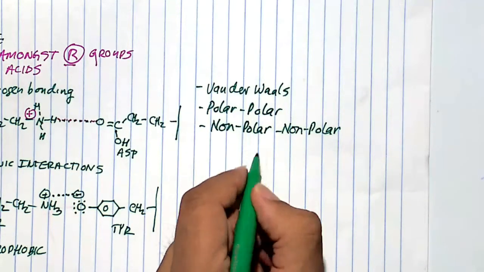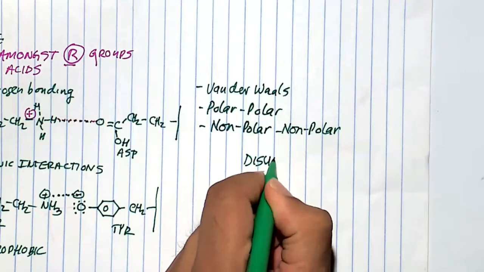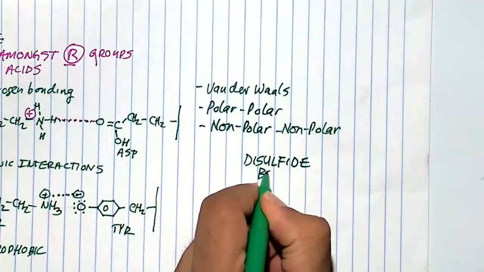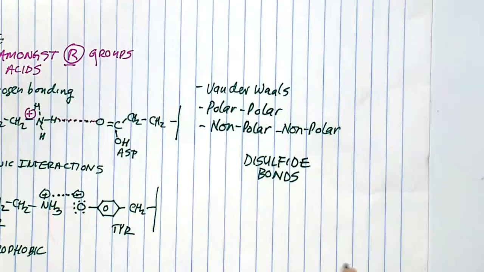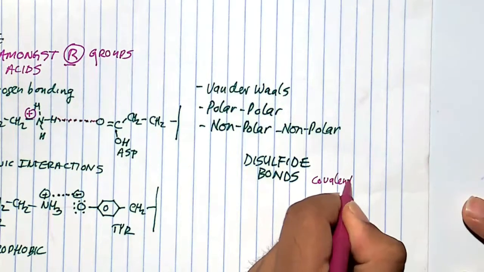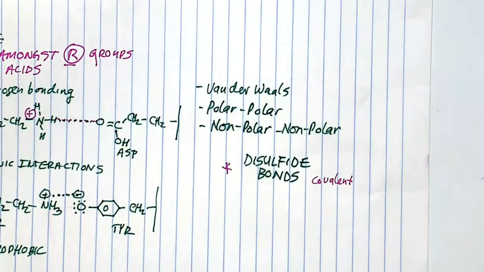The big one is disulfide bonds, though. That requires a special mention. A disulfide bond is actually a covalent bond between two cysteines. That is a huge tertiary structure determinant. It's going to put a lot of constraints on how the protein folds, if the two cysteines decide to form a disulfide bond.